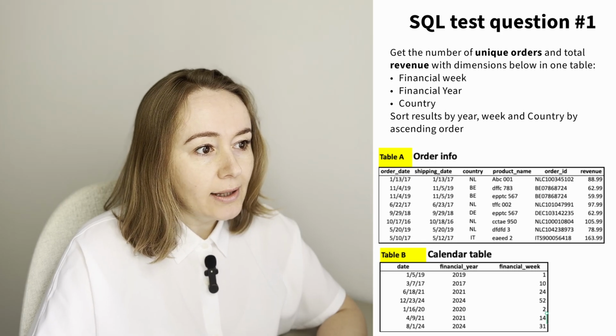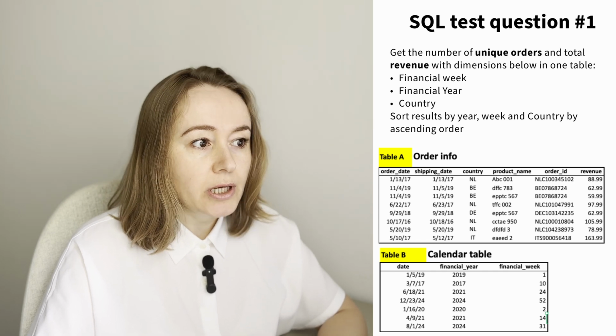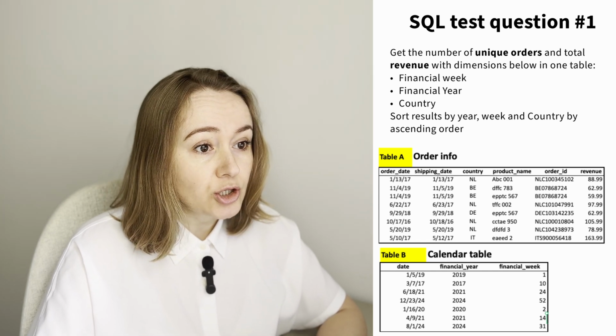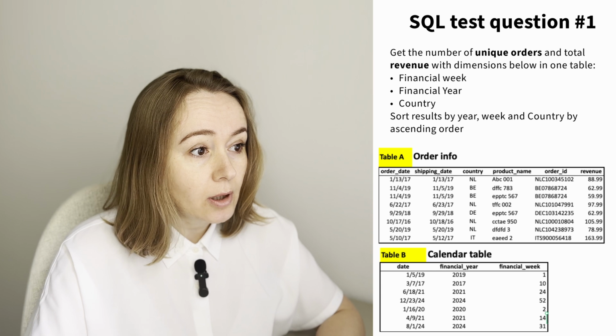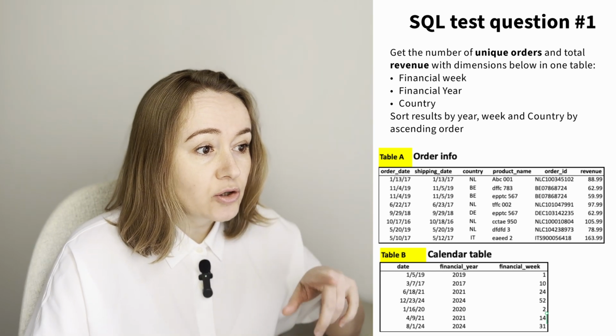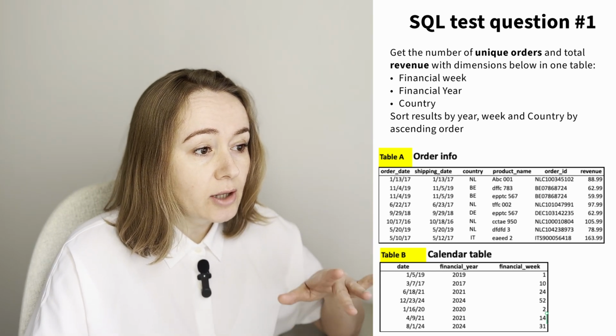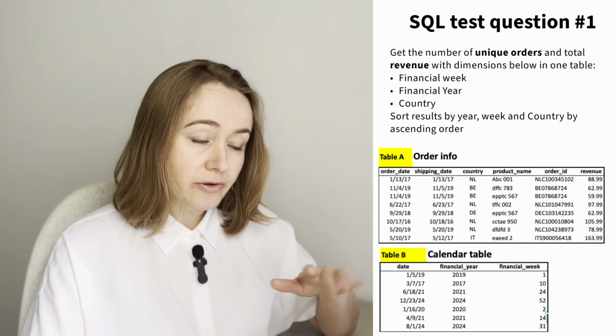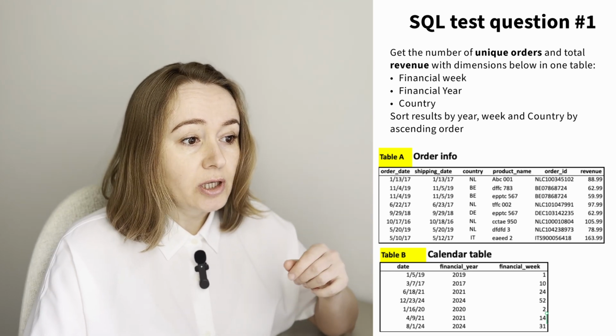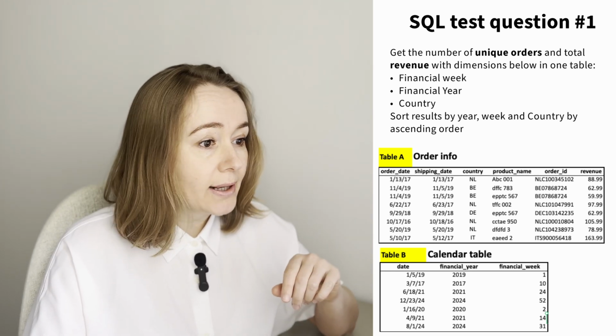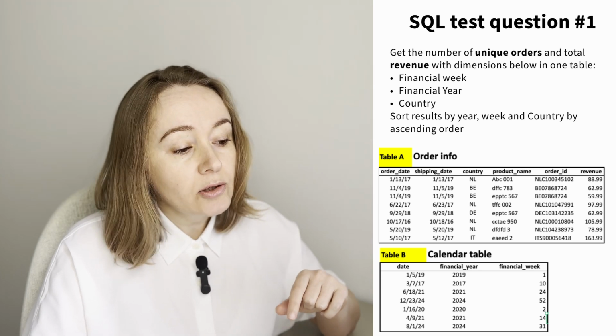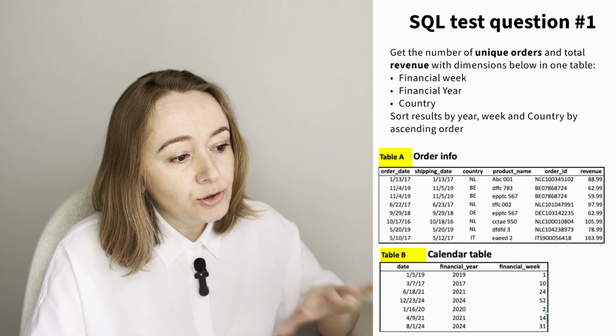Let's get into it. So the first question was about getting the number of unique orders and total revenue with the dimensions below in one table. So we had to have financial week, financial year, country, and sort results by year, week, and country, all in ascending order. And we had two tables.